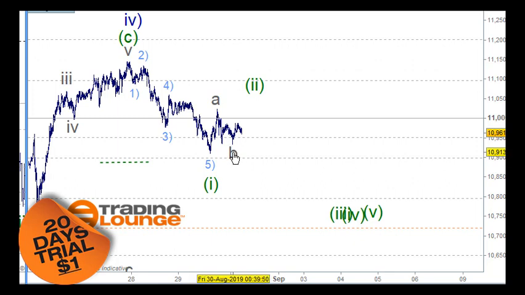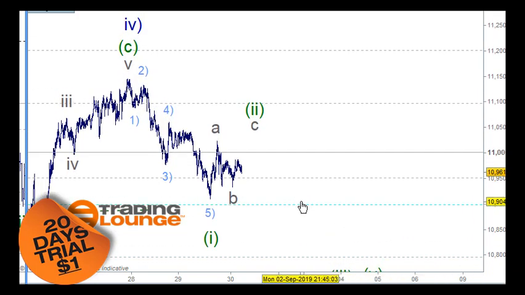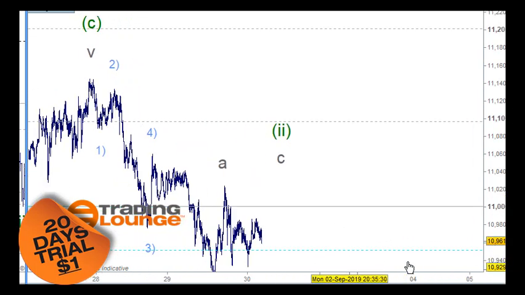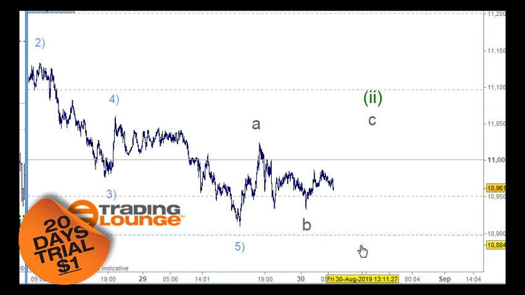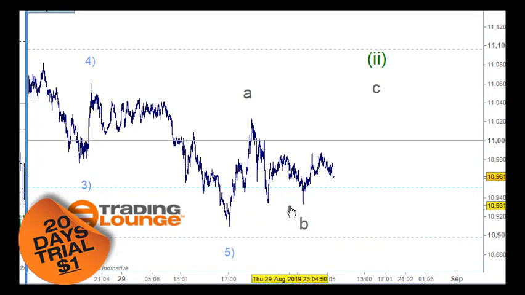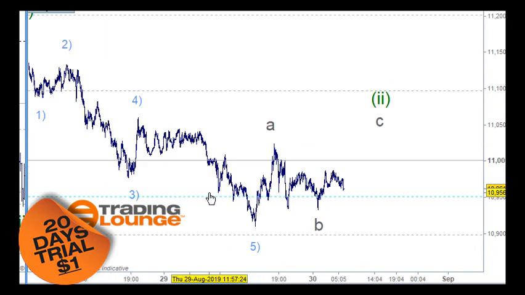Looks like a B wave in here, and that means that we would look for a C wave back up here. Looks like 1, 2, 3, 4 and 5 here, so it should come back and touch that line.